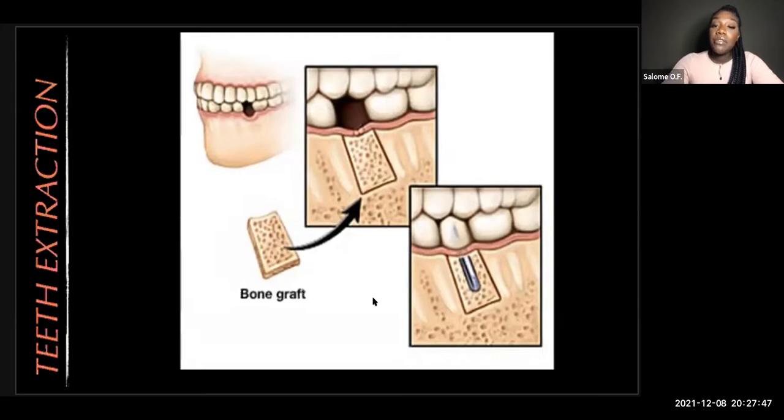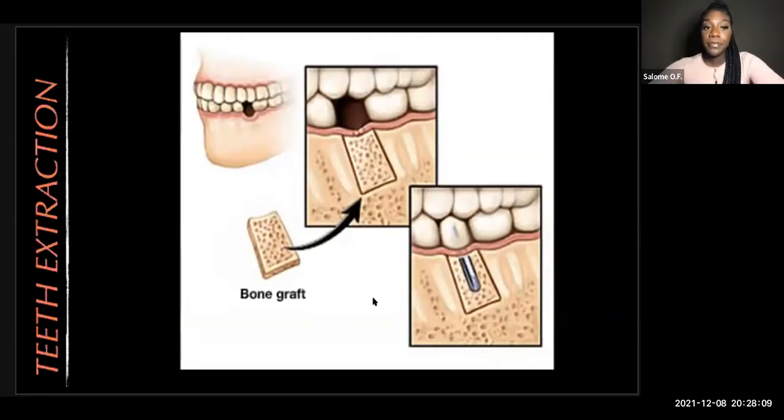But one thing that's very important is that if you ever have to get your tooth extracted, you want to make sure that you get a bone graft, okay? Because the research says that when you get your tooth extracted, after a year, about 50% of the bone in that area reduces.